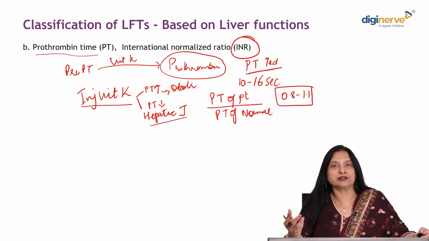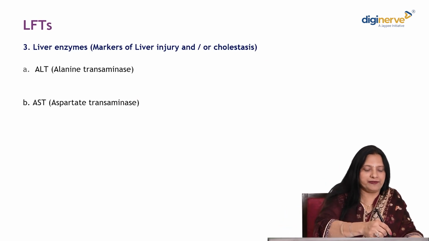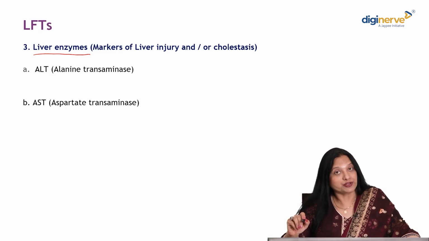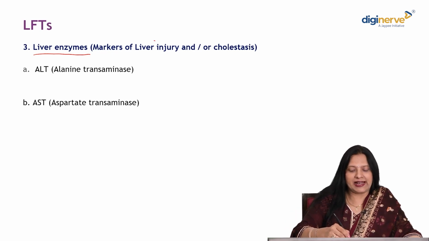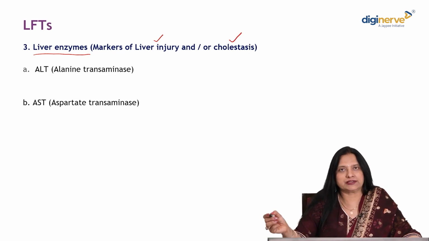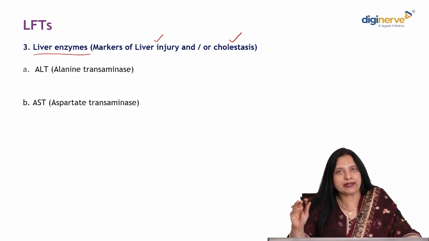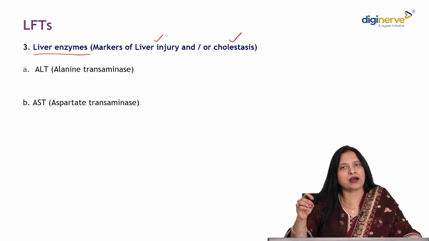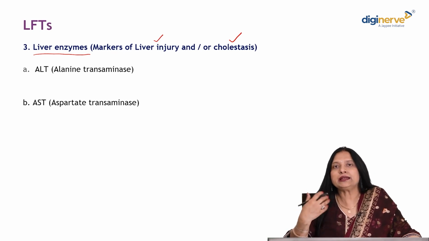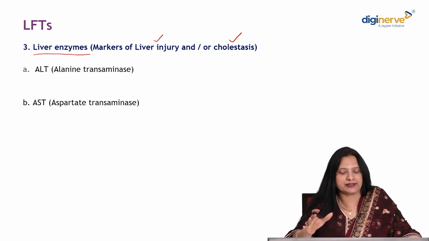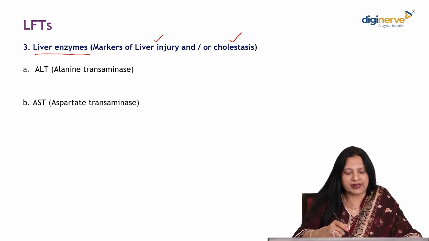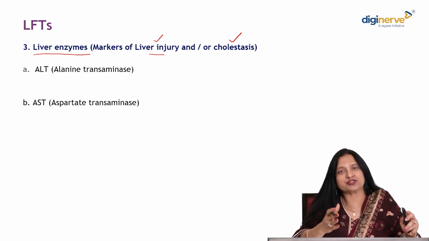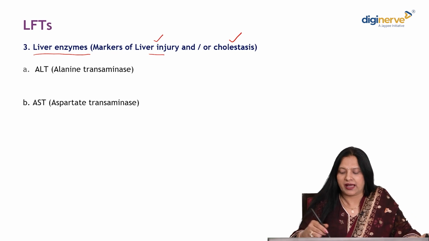Now the next group of tests are the liver enzymes, again very important tests to differentiate between liver cell injury and cholestasis. We do understand that the liver is made up of hepatocytes and the biliary channels. Any disease affecting the hepatocytes will cause liver injury and is known as hepatic jaundice or hepatocellular disease.